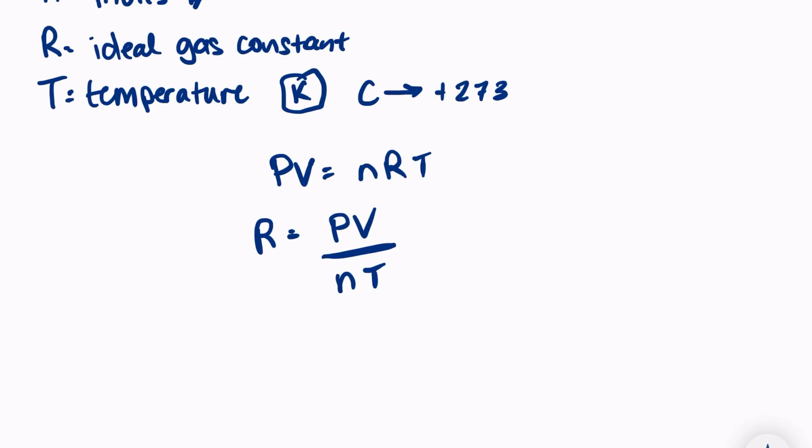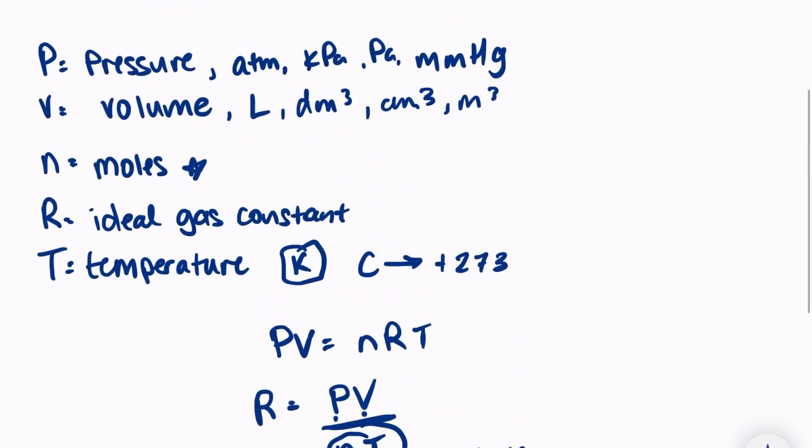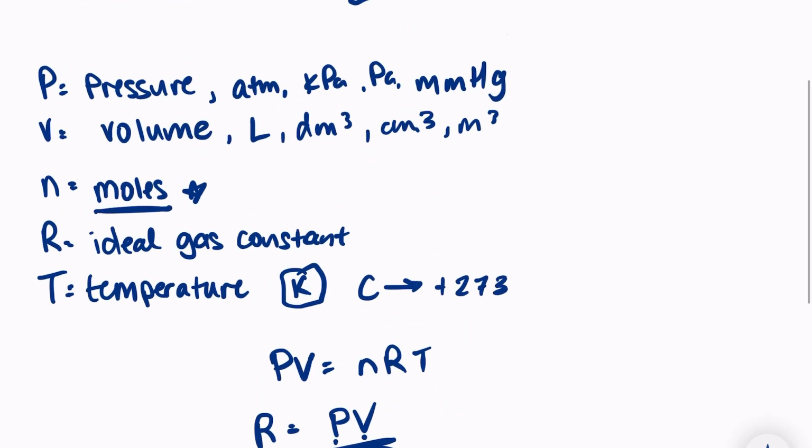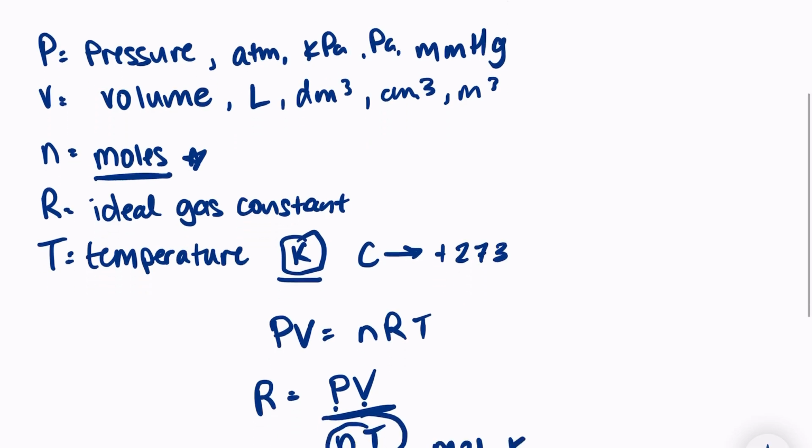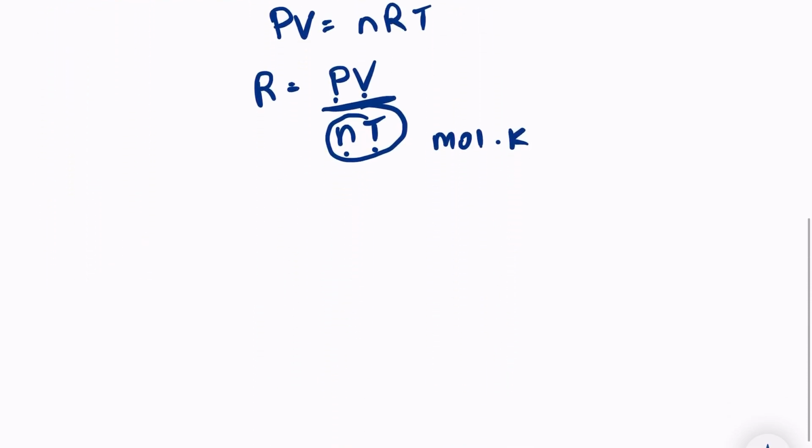Our units for R are going to be units of pressure times volume over the units for amount and temperature. Amount and temperature will always be moles and Kelvin. But what about pressure and volume? That is where we see that we have different ideal gas constant values that we can use.